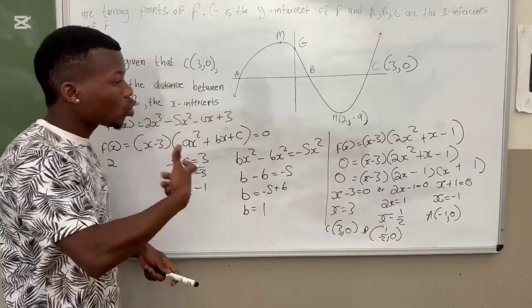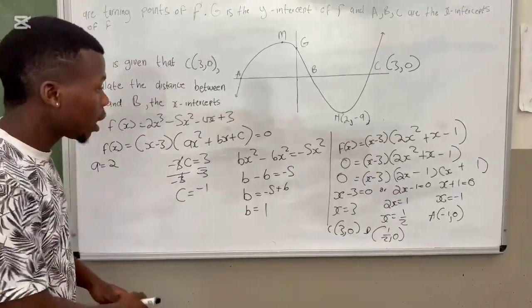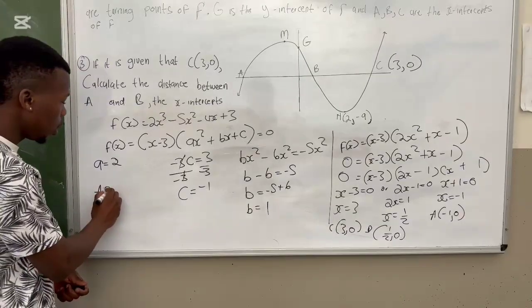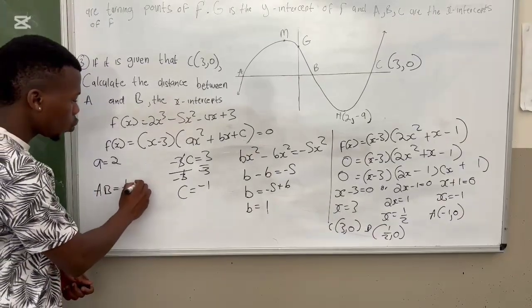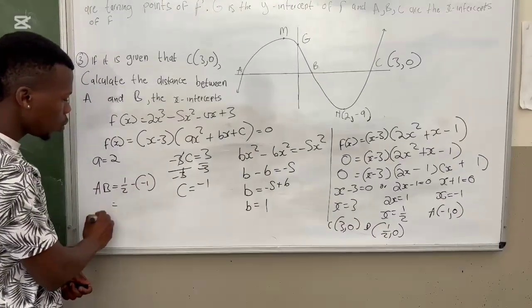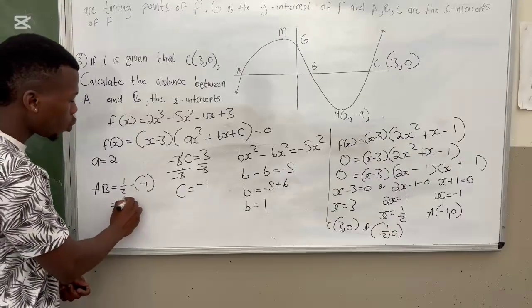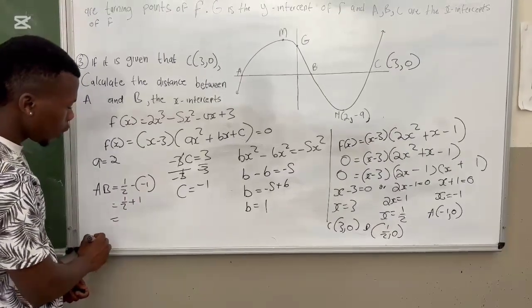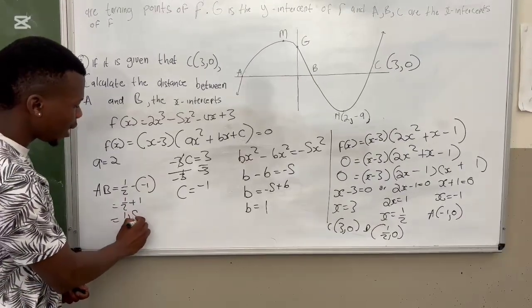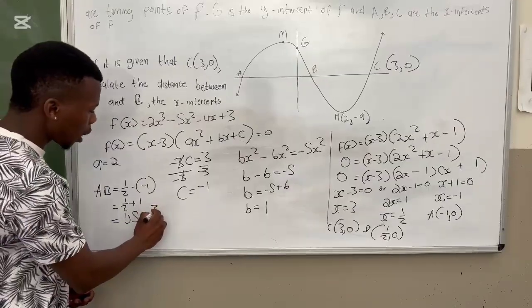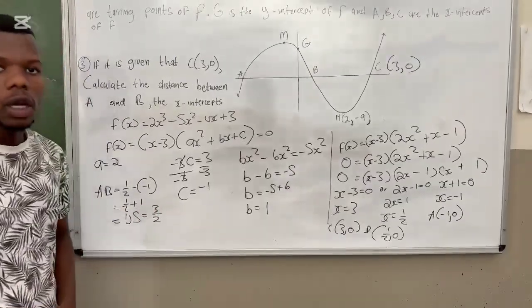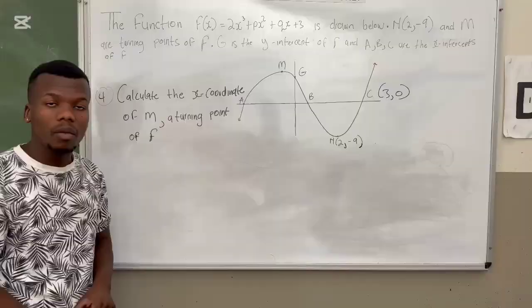But here we are just going to make things simple. In other words, the distance AB is equals to 1 over 2 minus negative 1. This is going to be equals to 1 over 2 plus 1, which is 1 comma 5. This is equals to 3 over 2.